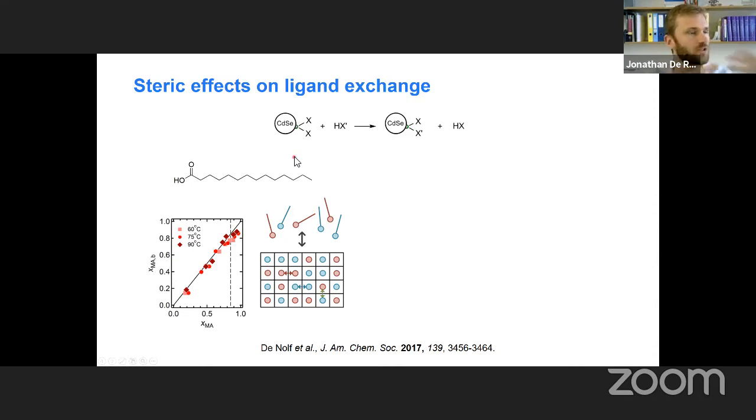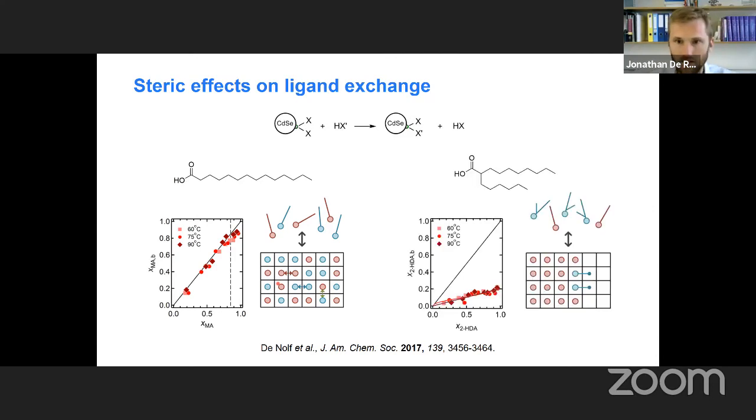They looked at the mole fraction in the solution and the mole fraction on the nanocrystal surface, and that was exactly the same. The surface had no preference for either of the two ligands. So the interaction between the ligand and the nanocrystal was the same for both ligands. Also, the ligand-ligand interactions were the same.